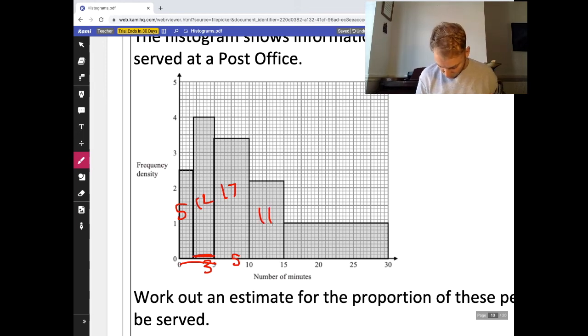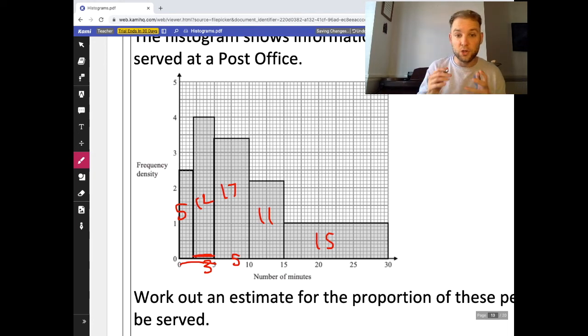And this last one is going to be 15, 5, 10, 15 across. So 15 times by 1, so the area of this one is 15. Brilliant. So now I know the total of all of these, the total frequency, which is going to be 5 plus 12 plus 17 plus 11 plus 15, which is 60. Brilliant. So the total frequency is 60.